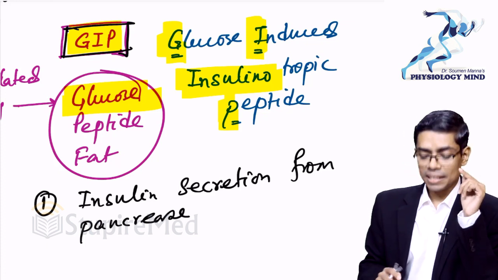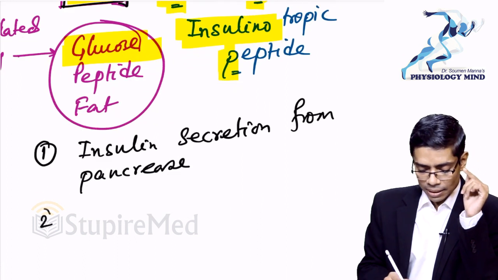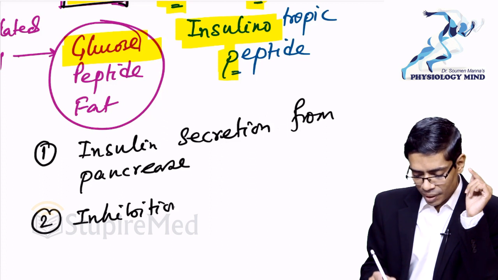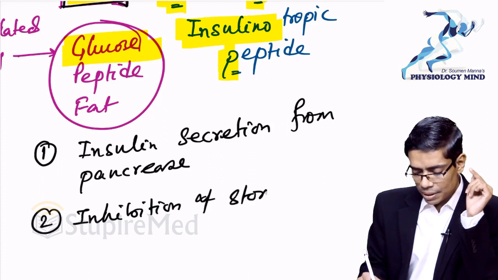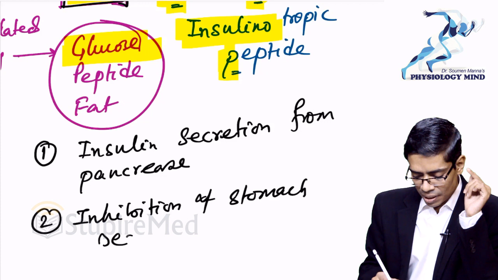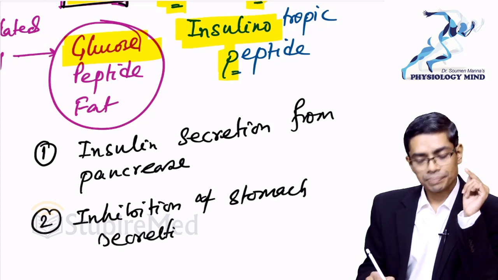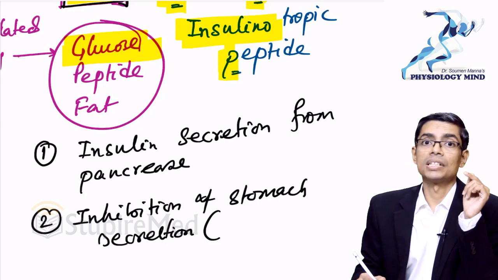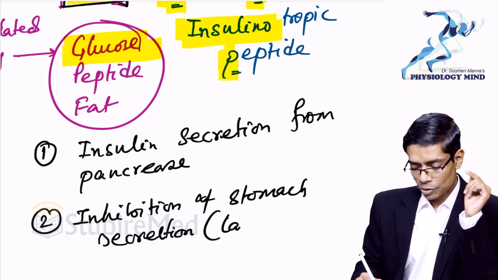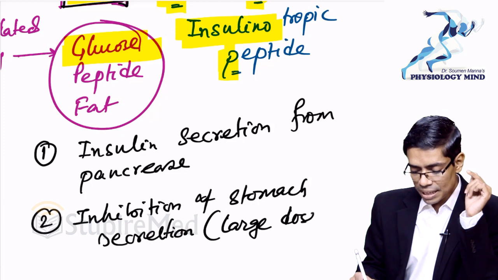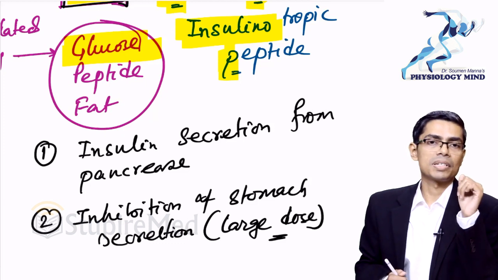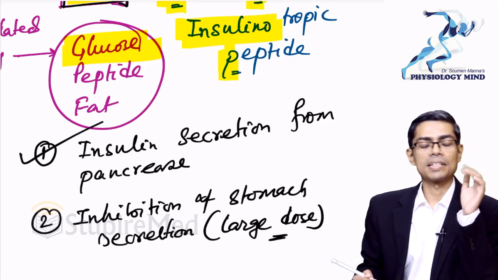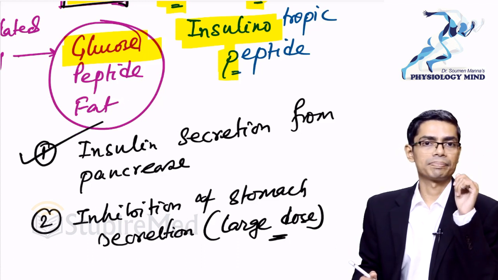But recently it has been known that inhibition of gastric secretion is also done by this GIP, but this is at supraphysiological doses. If you give a large dose of this GIP, then this function will also be seen, but at physiological levels the only function is insulin secretion from pancreatic beta cell.